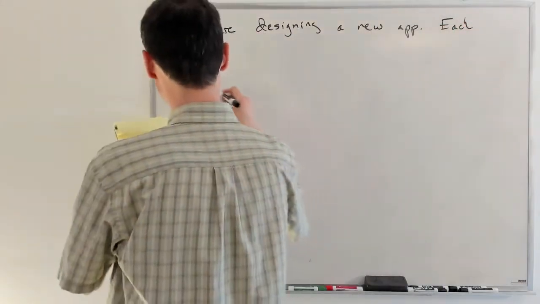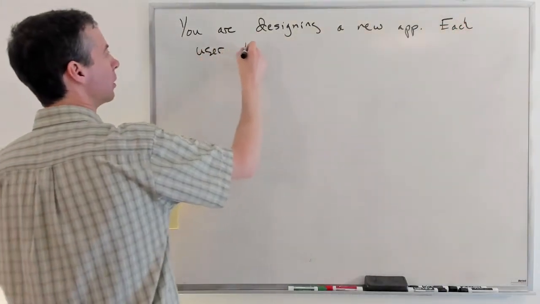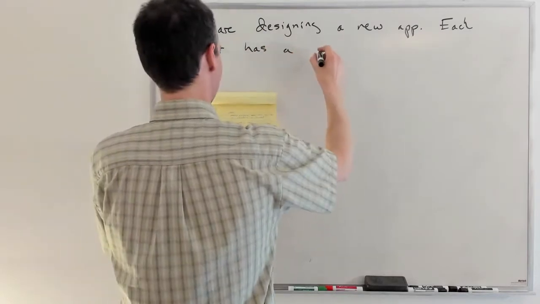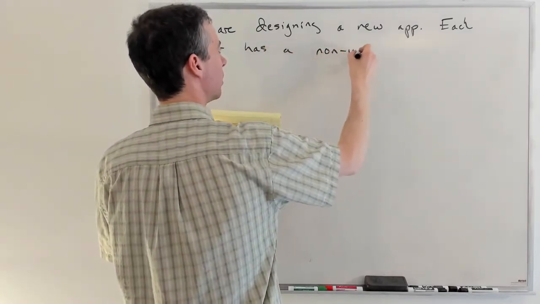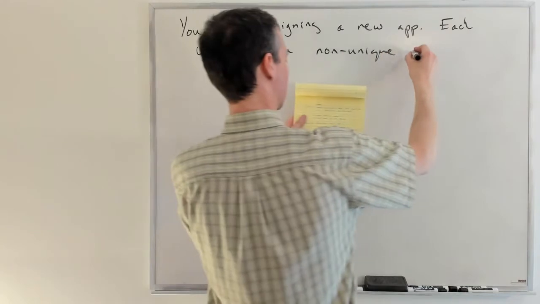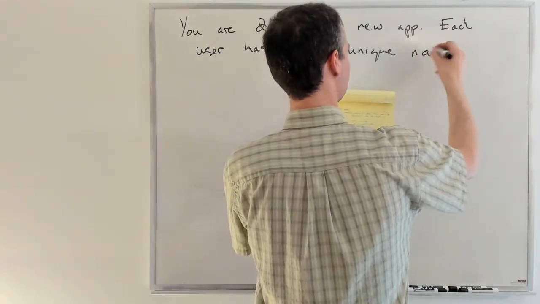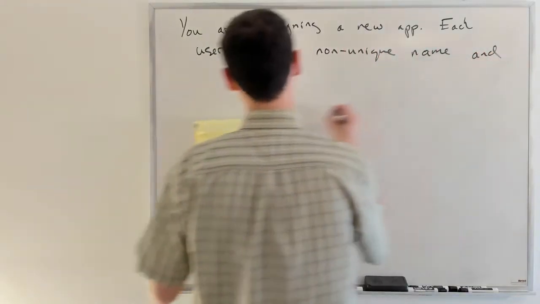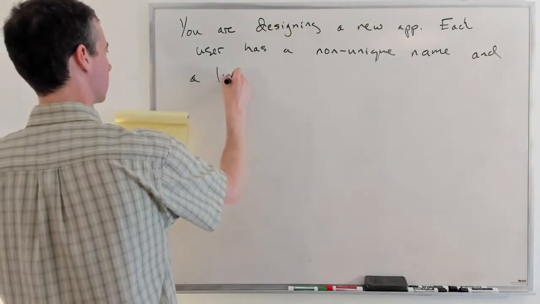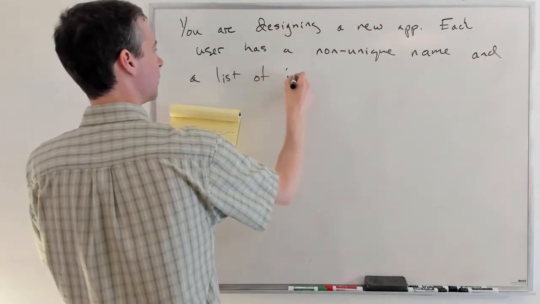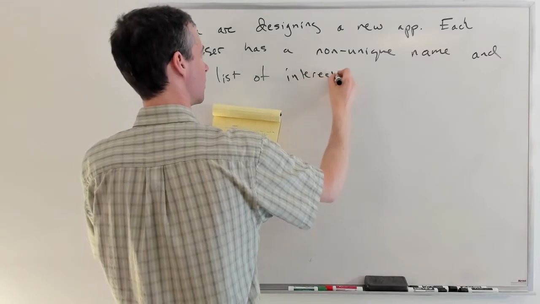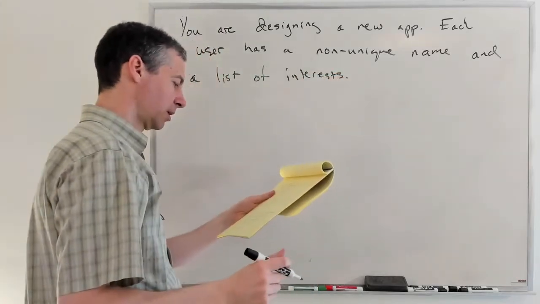Now each user has a non-unique name and a list of interests. These are things they like to do, for example.